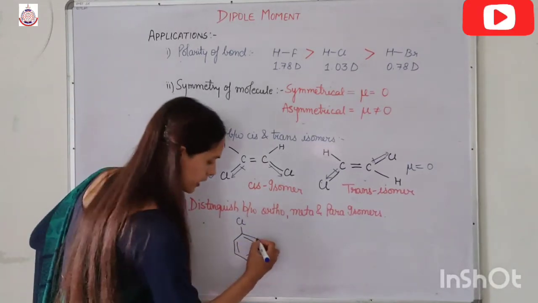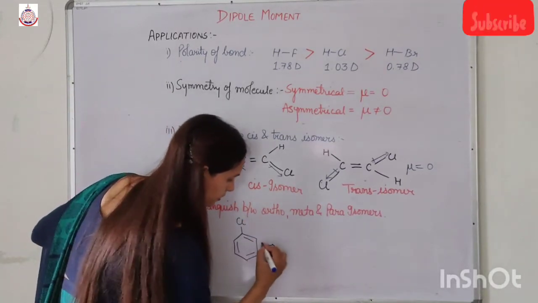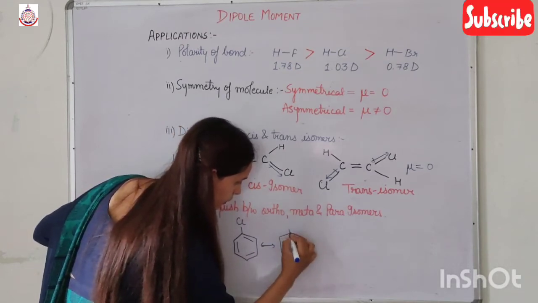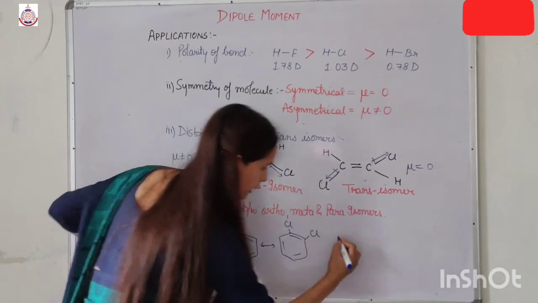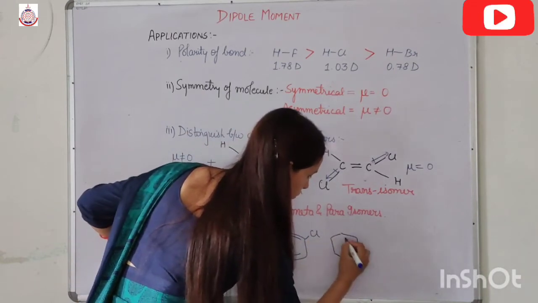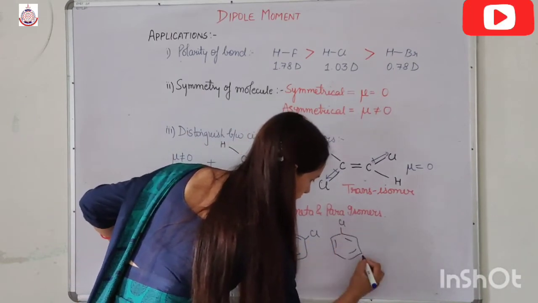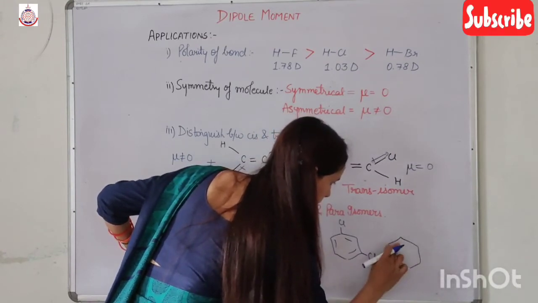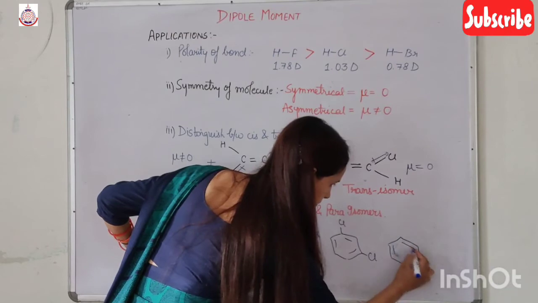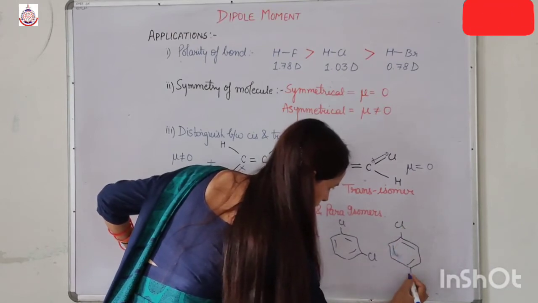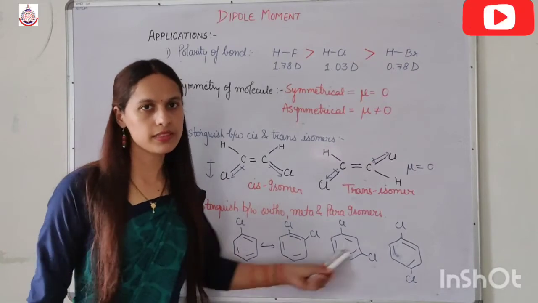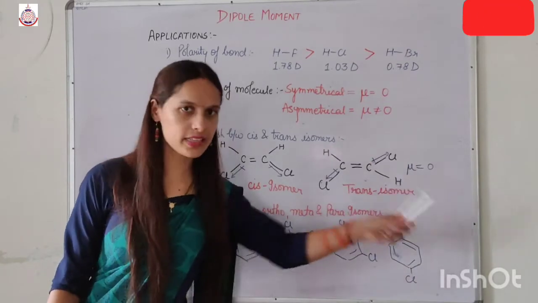Now suppose if I add one chlorine here, if I add one chlorine here, or if I add one chlorine here, then what is the difference in these three structures? That is simply the arrangement of the other Cl.